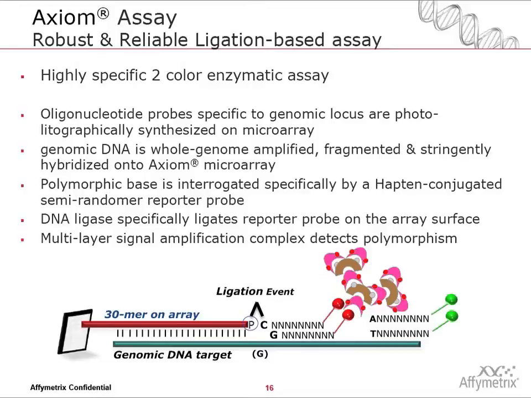Because of the stringent conditions that we use for the hybridization and the wash conditions, as well as the design capabilities within Axiom 2.0, we are able to apply this technology specifically for plant and animal genomes, where you experience genomes that are diploid, polyploid, have repeat elements, and various complexities that are challenging for other technologies.